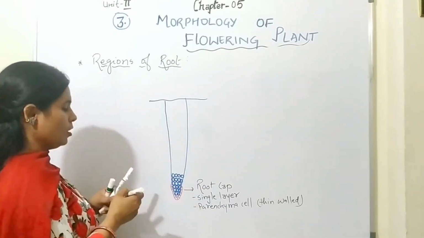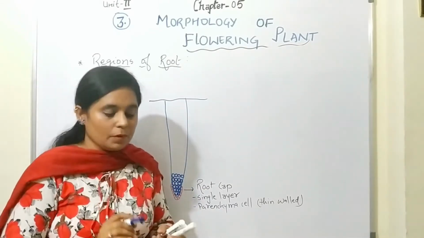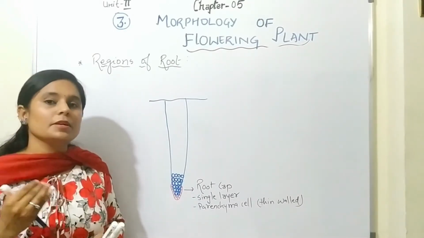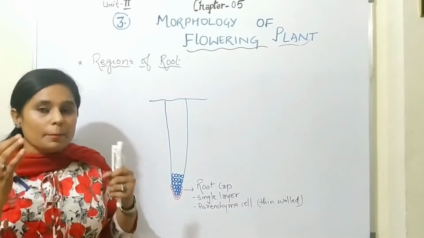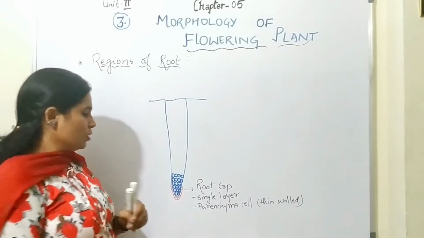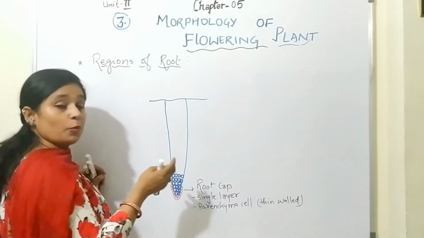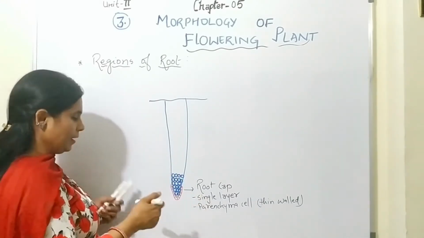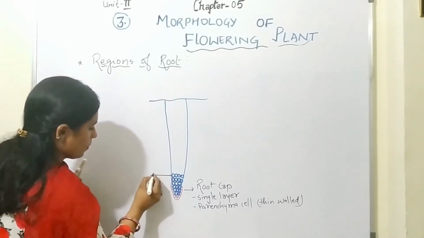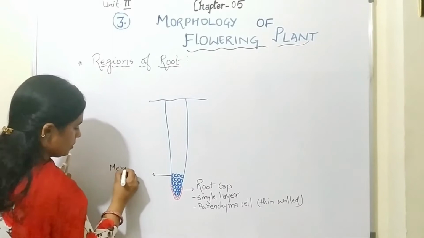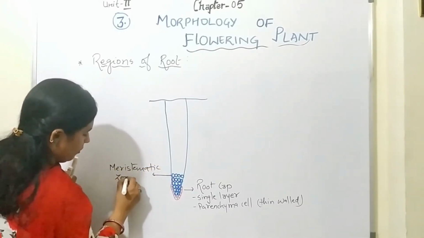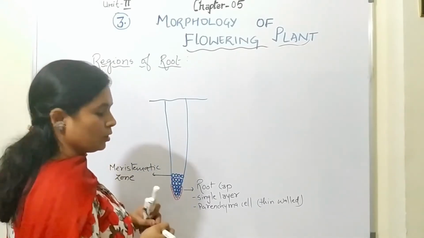This is the zone of meristem. As you know, meristems are those tissues which keep on dividing throughout life. Because of that only, there will be growth in different parts of the plant. So, root cap is there to protect the meristematic zone. Fine. So let's come back to the root cap.